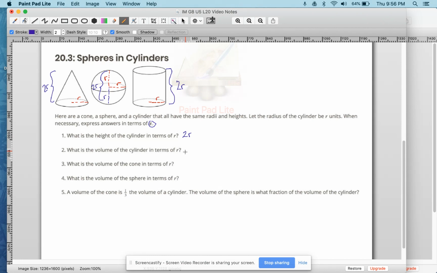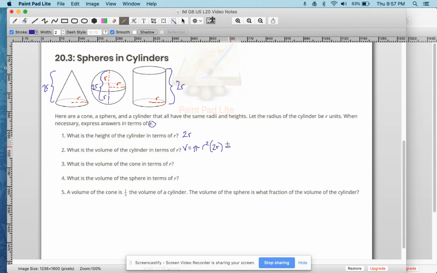Number 2 says, what is the volume of the cylinder in terms of r? So we know that the volume of a cylinder is pi times radius squared, and our radius is r, so radius squared times our height. Well, we know our height is 2r. So that's going to be multiplied times 2r.